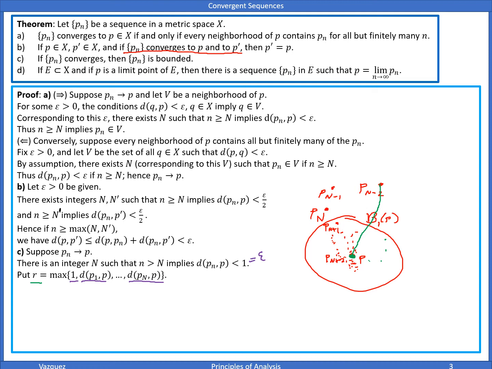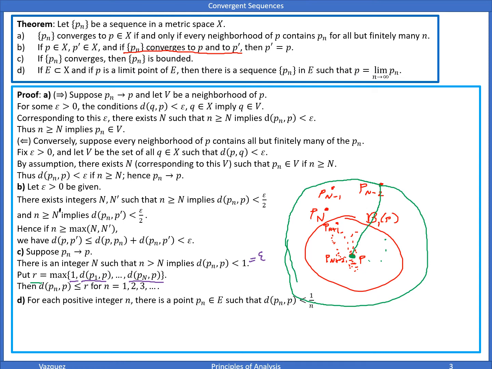So we set R to that radius, and then we can draw a ball and capture all the points of the sequence in that ball. That's why we set R equal to the maximum of all the distances. Then the distance between P sub n and P is less than or equal to R, for n equals 1 to infinity, so it's bounded and it's done.